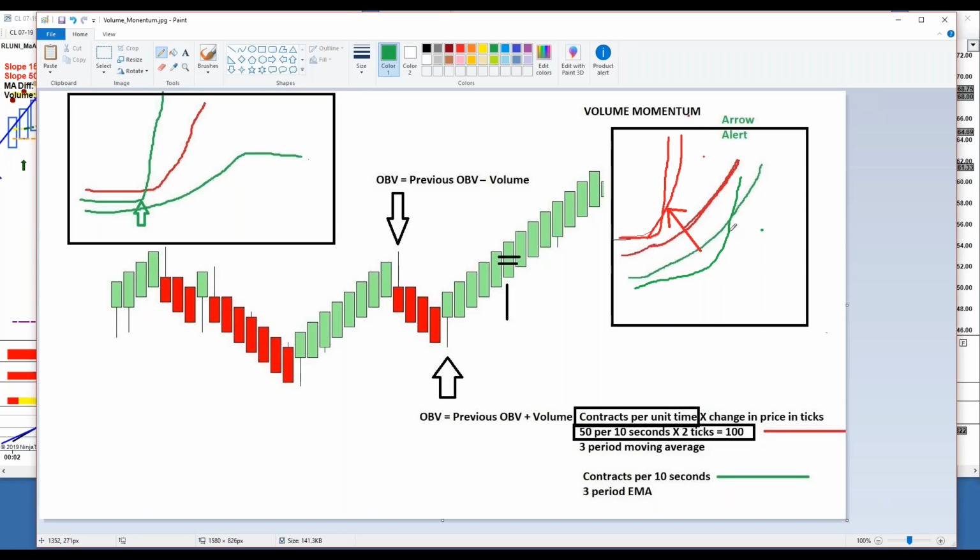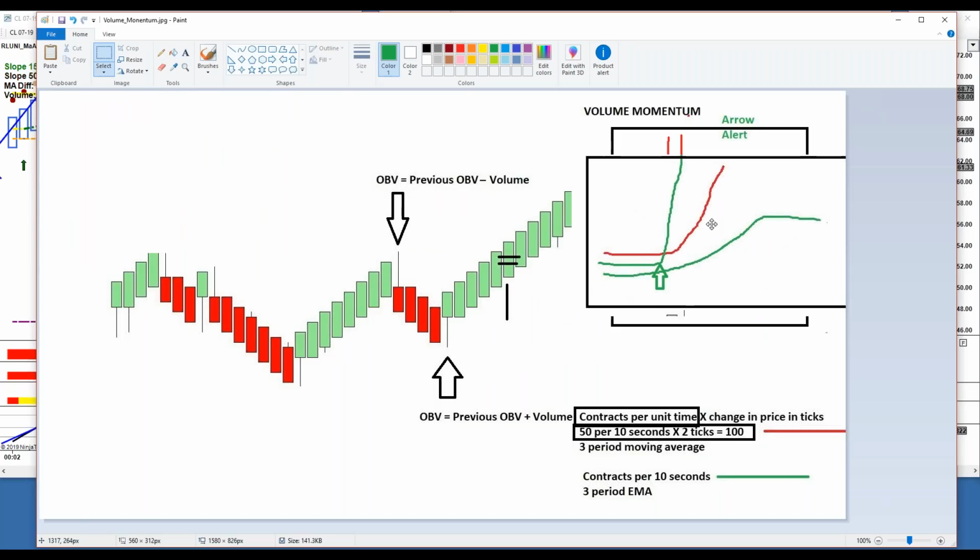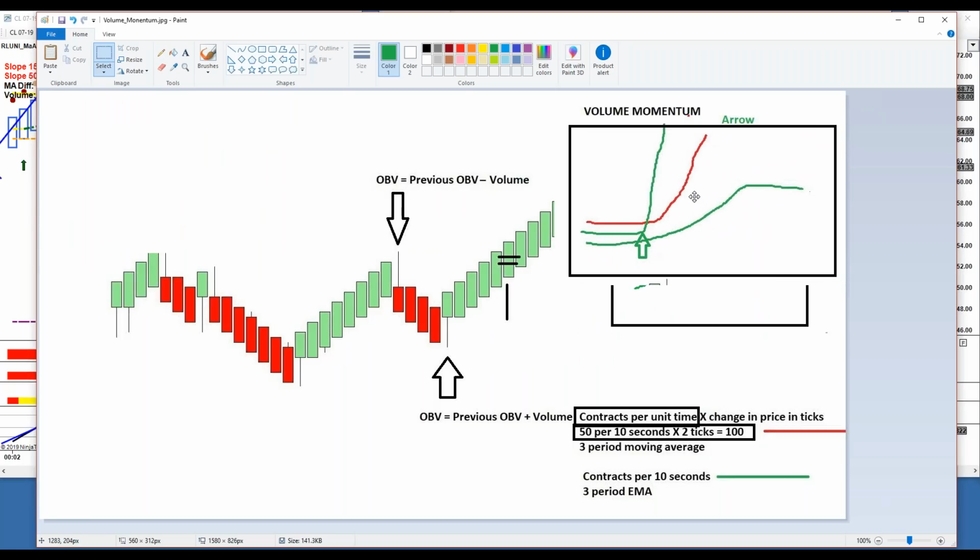But based on our analysis, here's what you're going to see a lot of the time. Now, I'm going to remove this, and I'm going to show you what you're going to see very often. And this is what we're looking for. And I'm telling you, these are really incredible signals. I'm going to make this bigger.